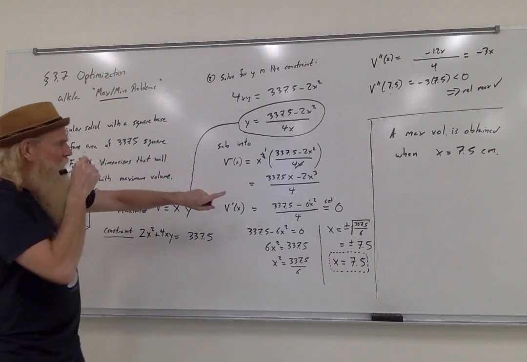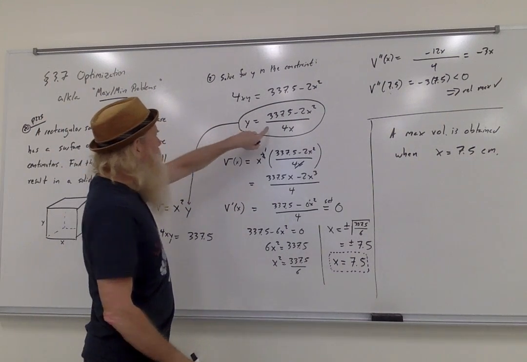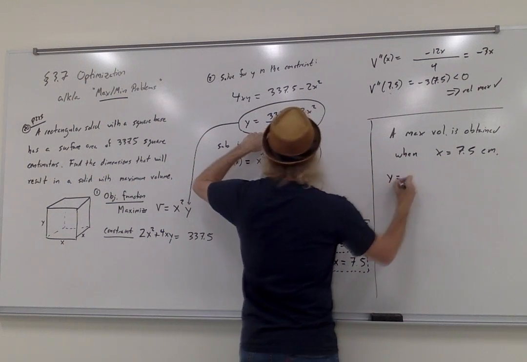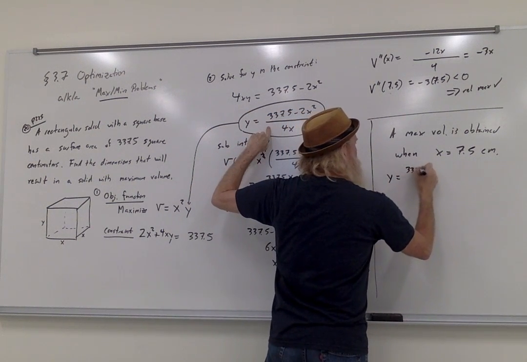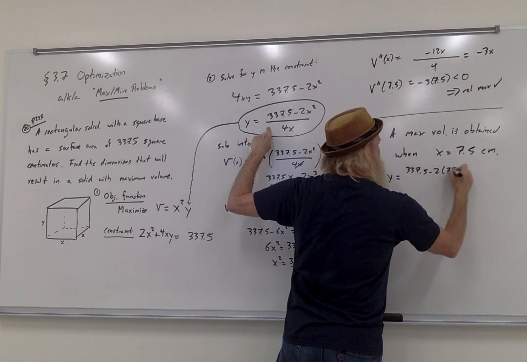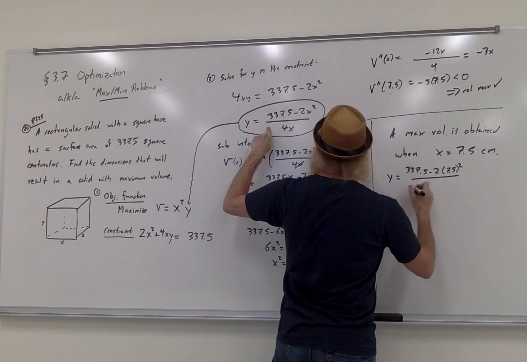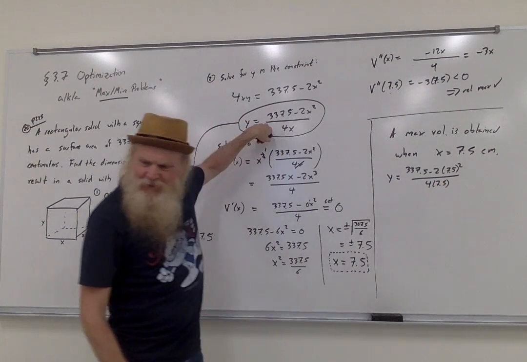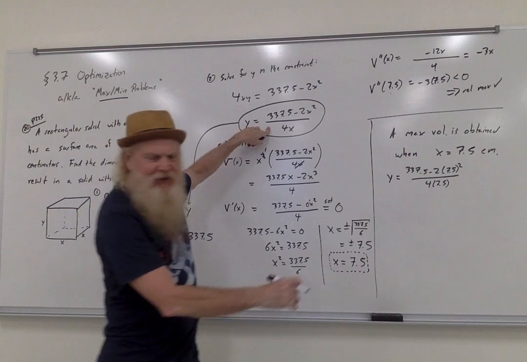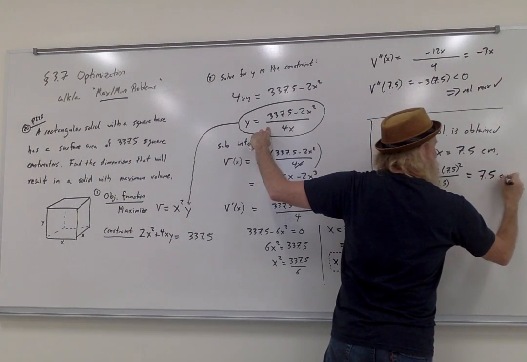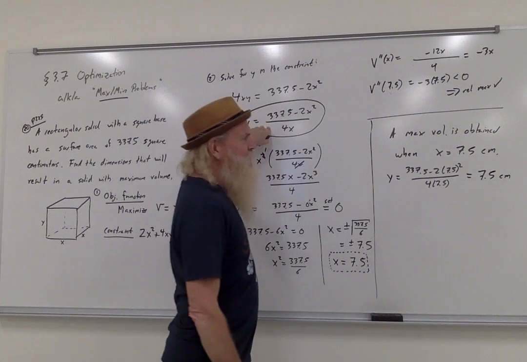To figure out what y is, we can substitute into the constraint. So y will equal 337.5 minus twice 7.5 squared, over 4 times 7.5. And maybe surprisingly, maybe not, that also ends up being 7.5.